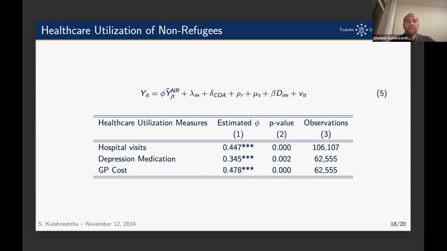And what I see is that if you are sent to a municipality where hospital visits, depression medication usage, and GP costs are higher for non-refugees, then the refugees' healthcare utilization for the same measure is also higher. So if a refugee is sent to a municipality with higher hospital visits among non-refugees, they also have a higher chance of going to a hospital. This shows that the location effects are affecting both groups in a similar way.